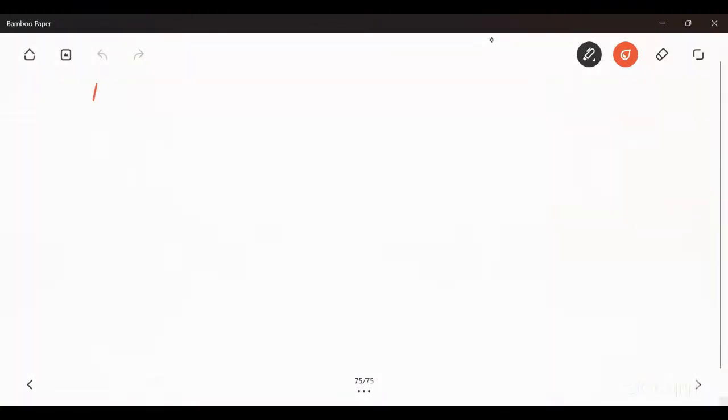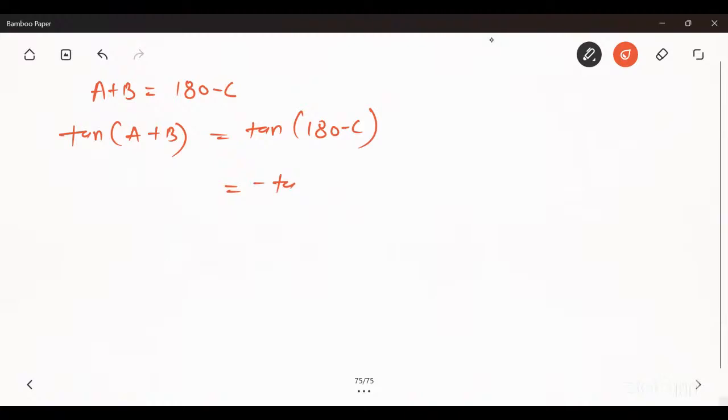So a plus b equal to 180 minus c. Now multiplying tan on both sides, you will get tan of a plus b is equal to tan of 180 minus c.